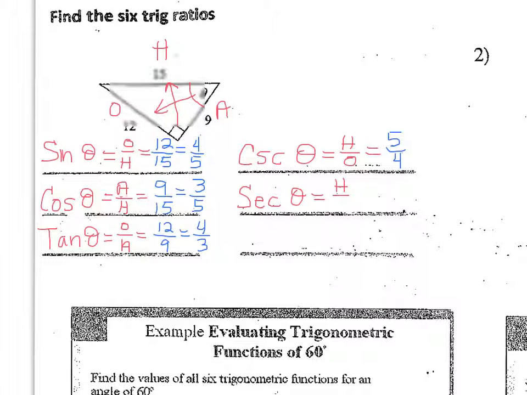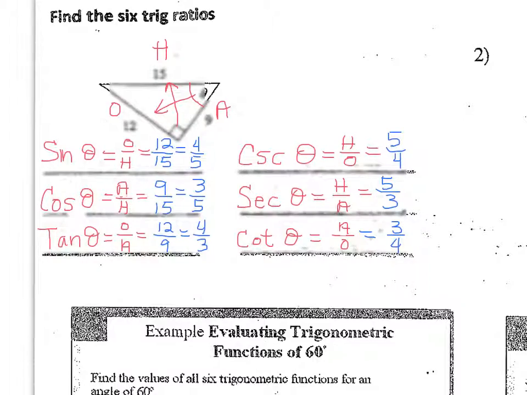So it's hypotenuse over adjacent, which is 5/3 when you reduce it. You're just switching them? You just switch them, that's all it is. And then it's cotangent, COT, of theta, the reciprocal of tangent, so it's A over O, 3/4. That's right. It's just a matter of memorizing them. I think it's a matter of remembering SOHCAHTOA.